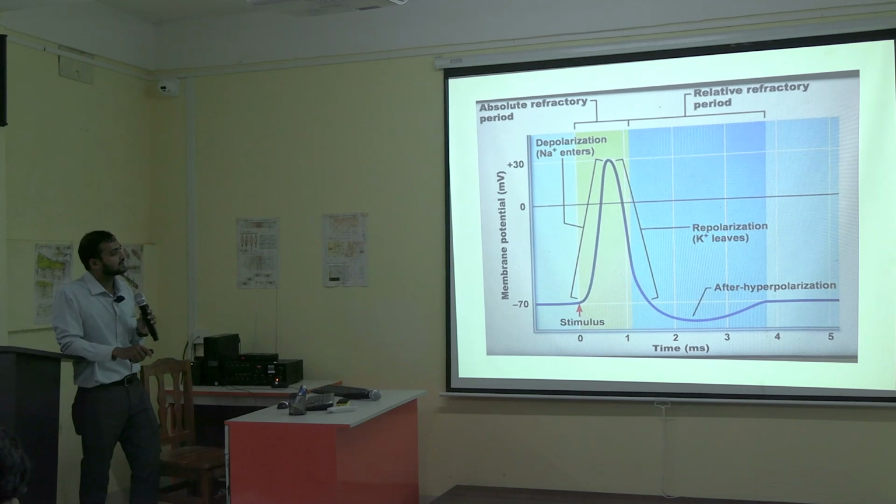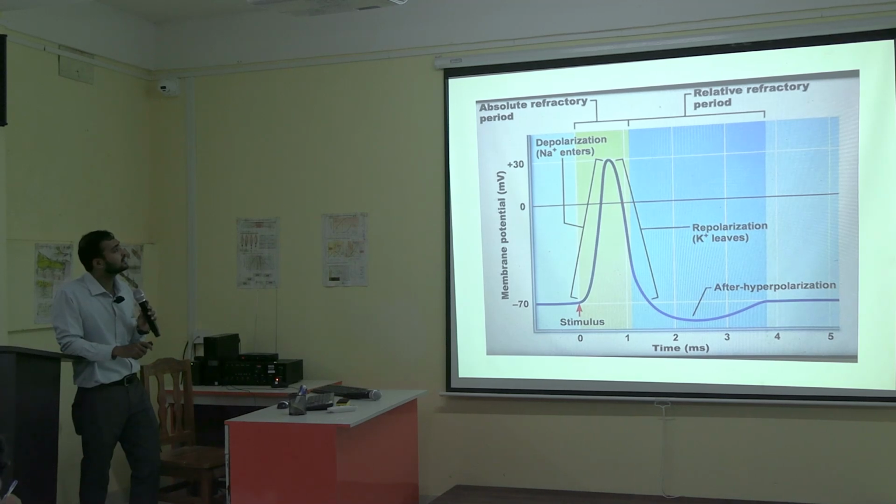Now to enter the relative refractory period, it has to complete at least a part of the repolarizing phase. If I cut it into 3 equal parts, till here at least it has to complete.